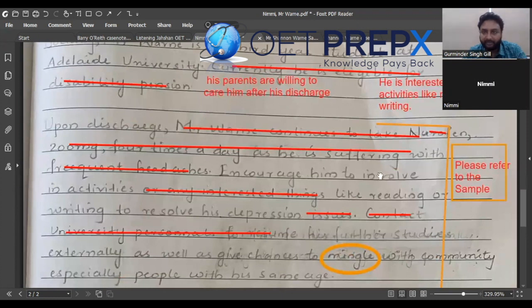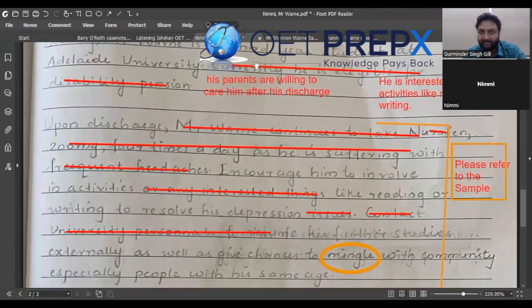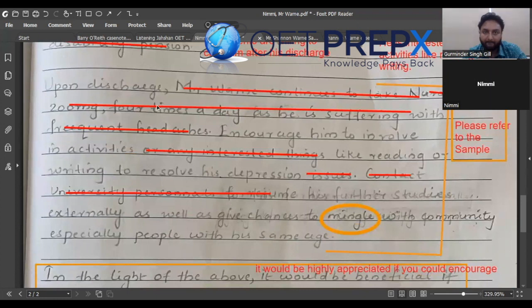So first you write the introductory paragraph, then secondly about his initial visit, when he presented or was admitted, then about his social life, the social paragraph, and then the final requesting paragraph. This should be separate from other parts.